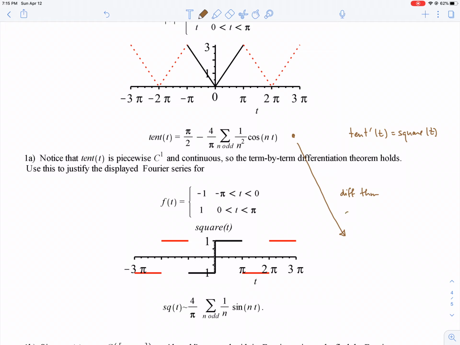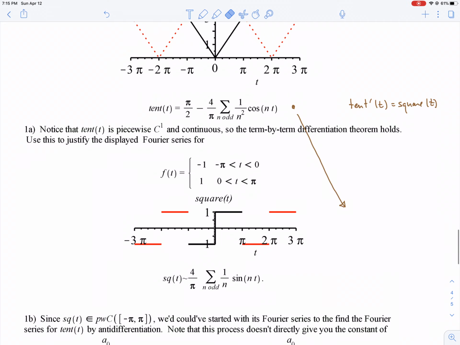that the Fourier series for the square wave of t, I guess sometimes I call it square of t, sometimes I call it squa of t, is just the derivative. Pi halves is 0. Then I take -4 over pi, the sum over n odd. I didn't give myself enough room. Let's do it here.